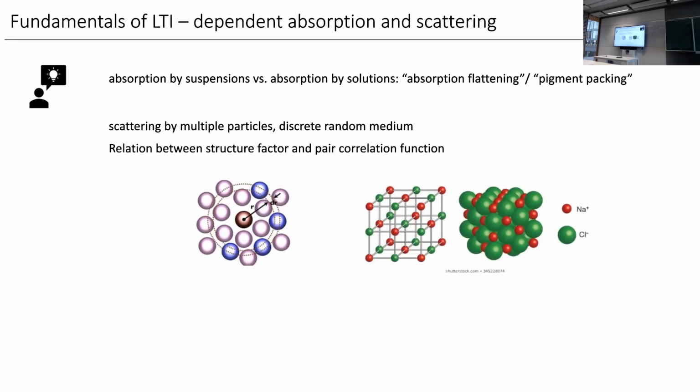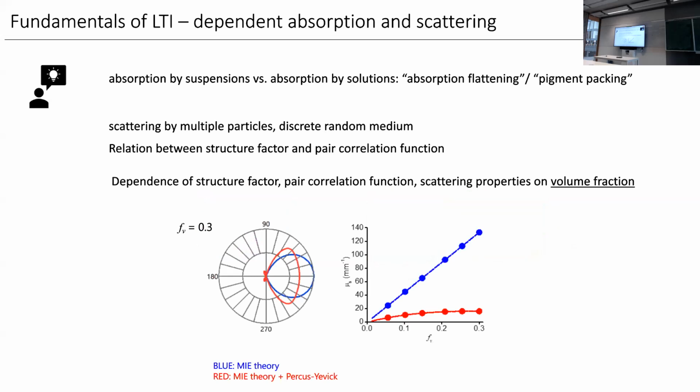That structure factor was related to the pair correlation function. The correlation function describes how the medium is organized. The medium consists of discrete particles. If we calculated the effect, this is scattering coefficient on the vertical axis versus volume fraction of particles in the medium on the horizontal axis.